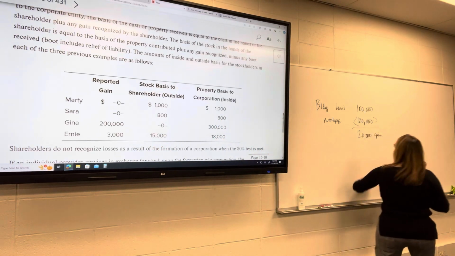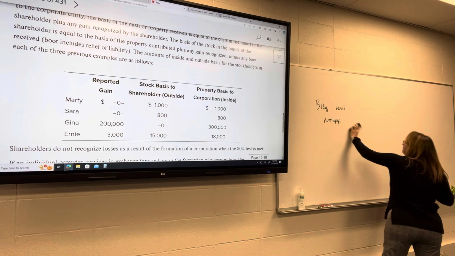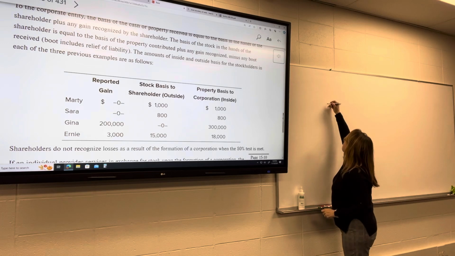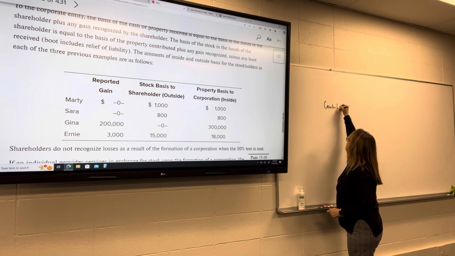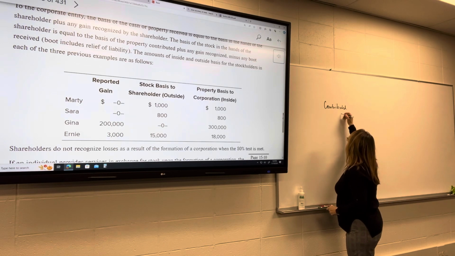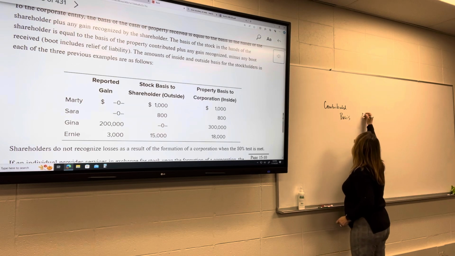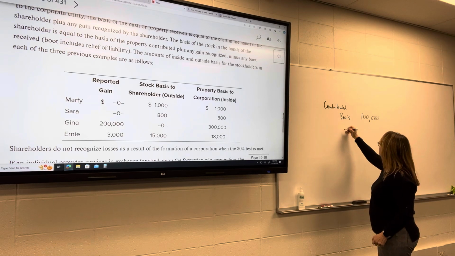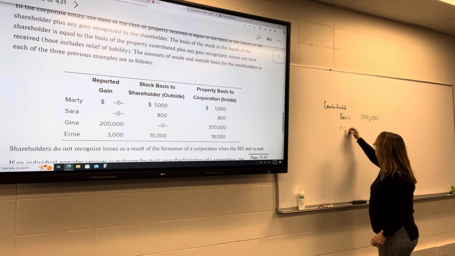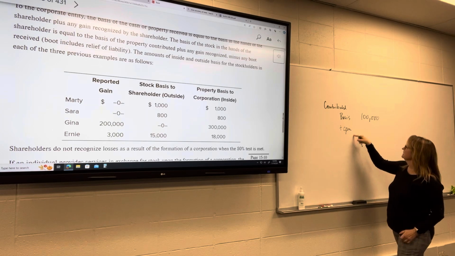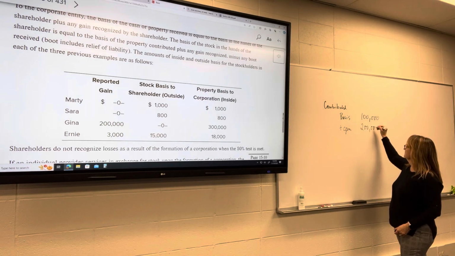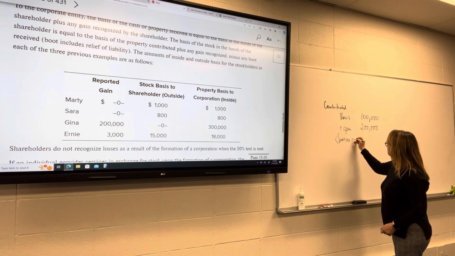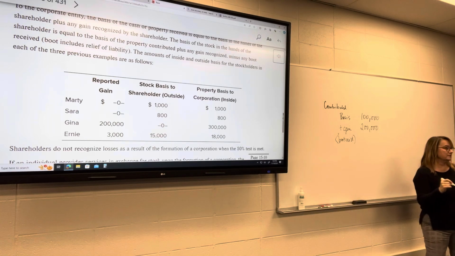So Gina contributed, let's see. Basis of 100,000 in the building, and then plus the gain that she had to recognize minus the boot received, which in her case was the release of the liability.